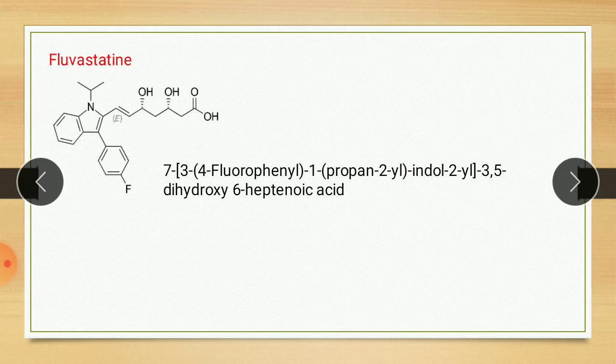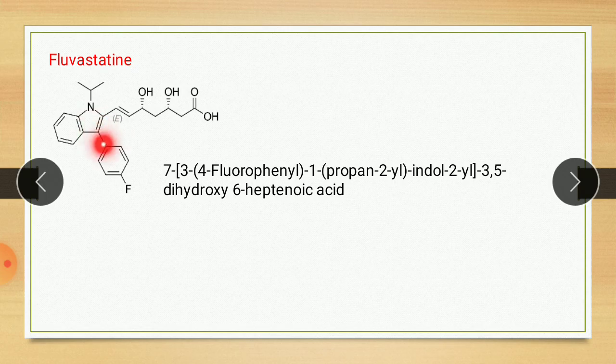Next drug is fluvastatin. Again here is 7 carbon with an acidic group, heptanoic, but here there is a double bond on position 6, therefore it is called heptenoic acid, an alkene, because it contains a double bond. So here E, that is heptenoic acid. On the 7 position this ring is attached, it is an indole ring. So 7 means this 7 position, then 3 means this 3 position according to indole.